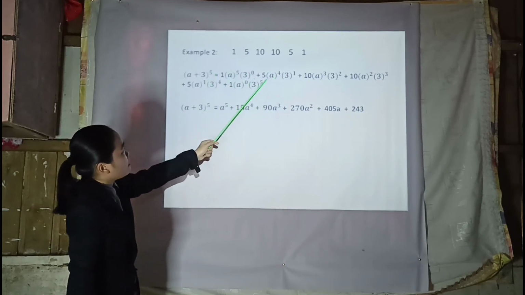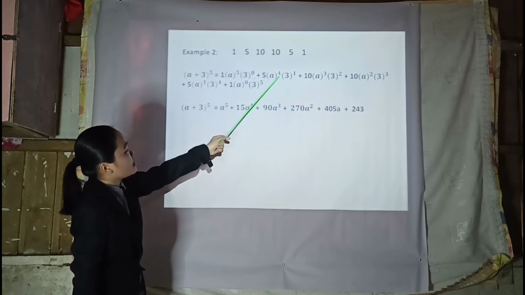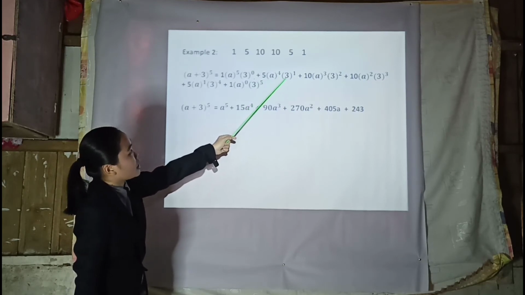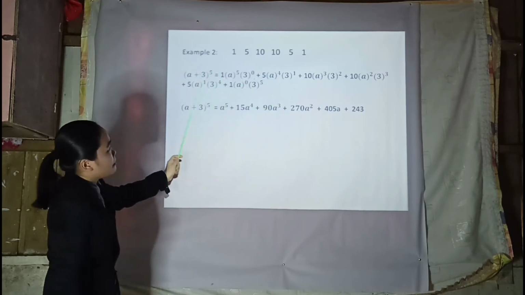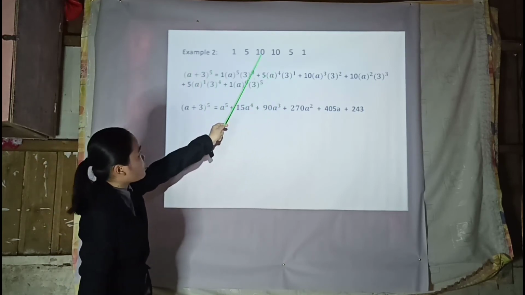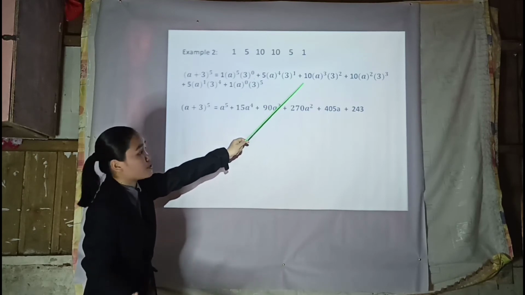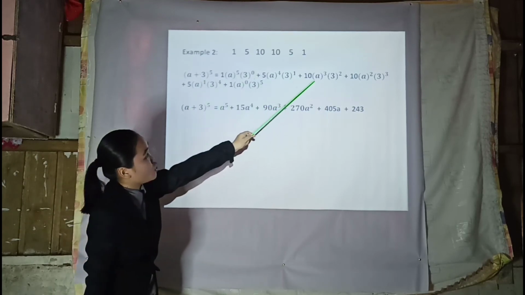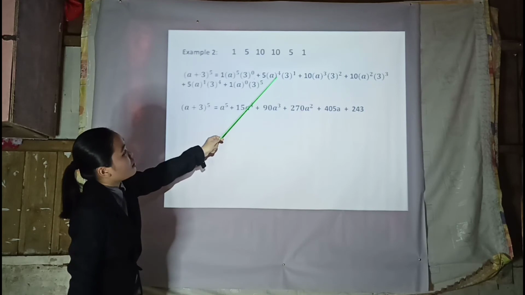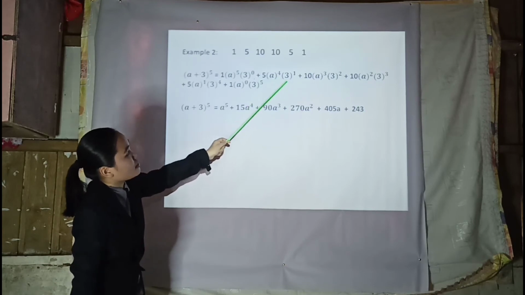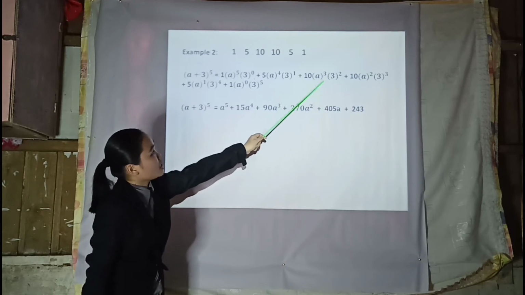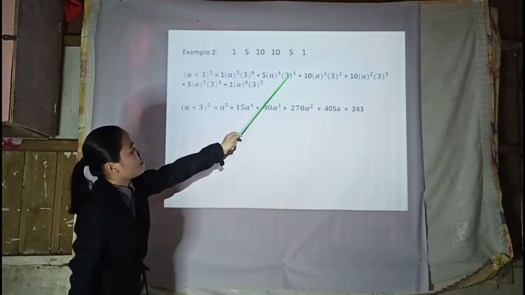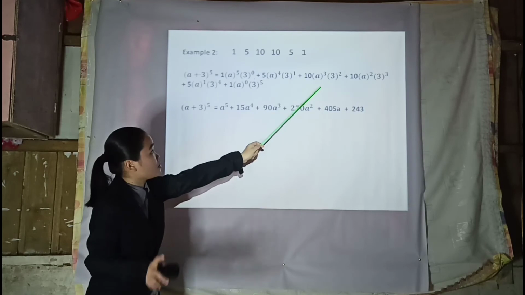So 5a raised to 4 times 3, which is our b, raised to 1, plus our coefficient 10 using Pascal's triangle, a cubed because it decreases from the previous term, times 3 squared because from 1 it also increases.